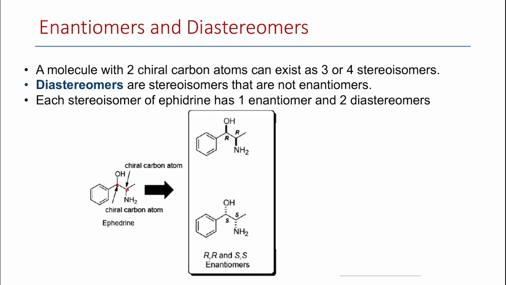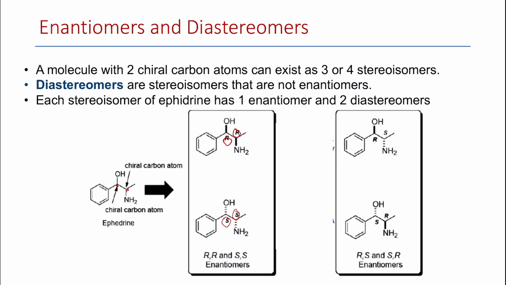The first one has R configuration on the first and second carbon atom. The second one has the S configuration at the first and second carbon atom, and then we could have the R configuration for the first and S for the second, or the S configuration for the first and R configuration for the second. So we have four different possible stereoisomers.